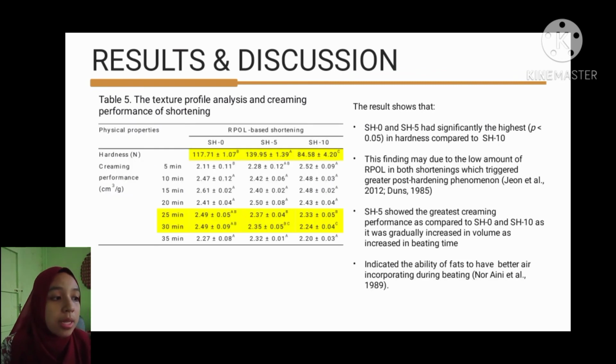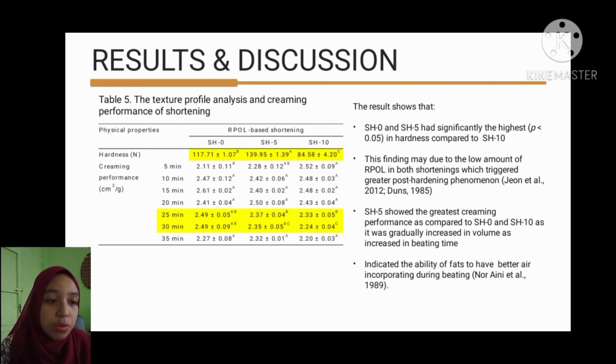So lastly, on the results and discussion obtained from this study, illustrated in the texture profile analysis and also creaming performance of the shortening, we can see that the result shows SH0 and SH5 had significantly the highest hardness compared to SH10.